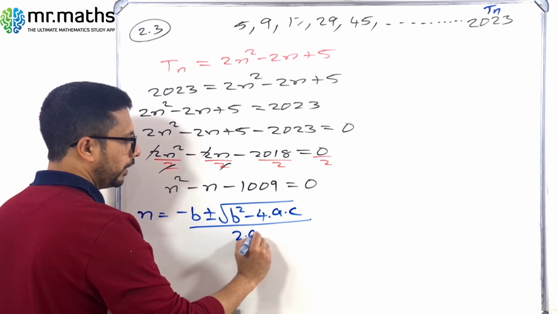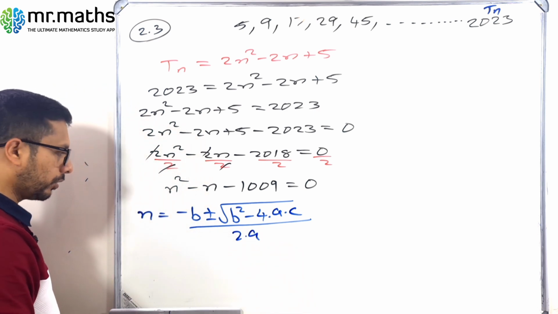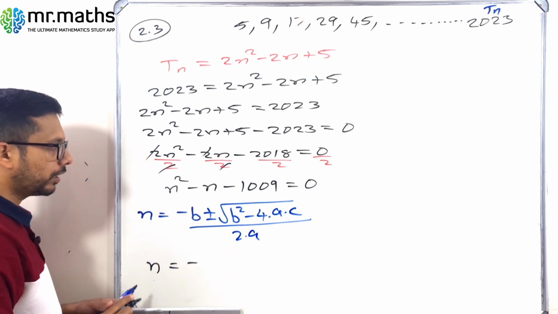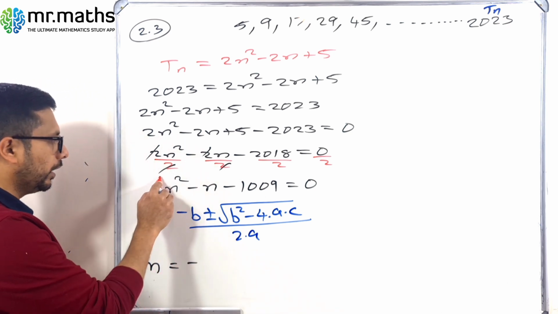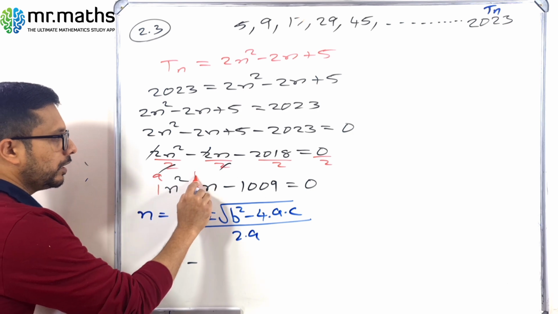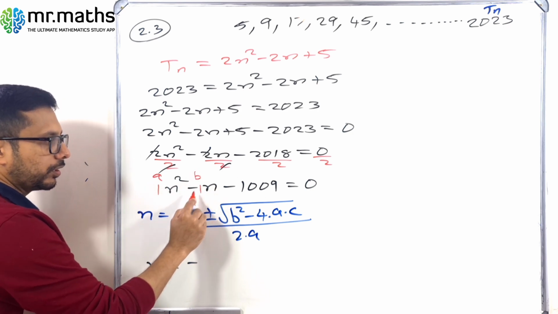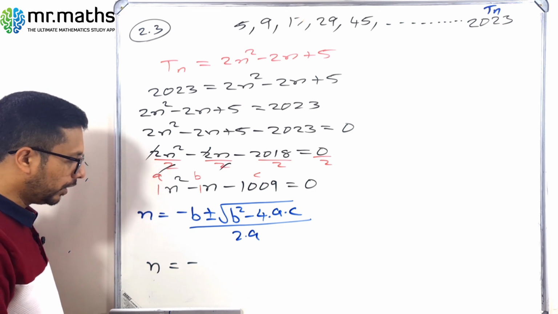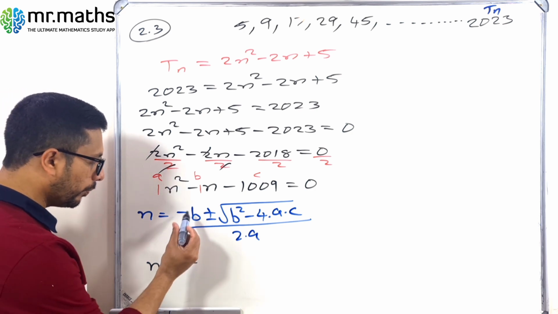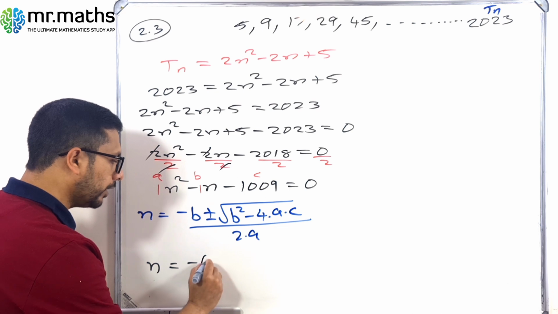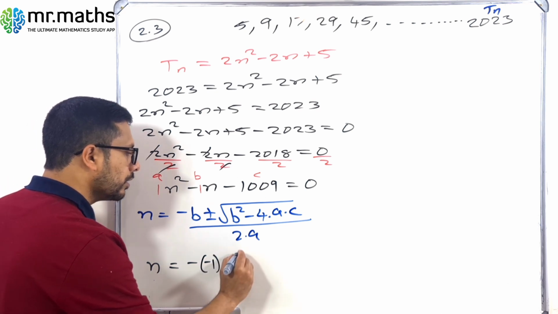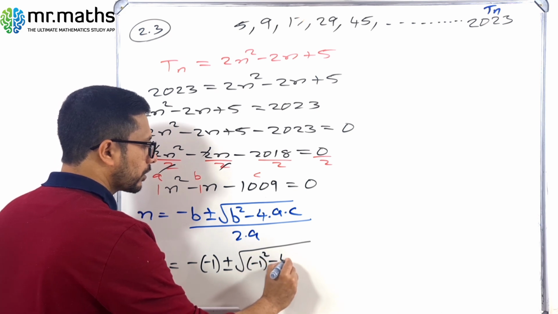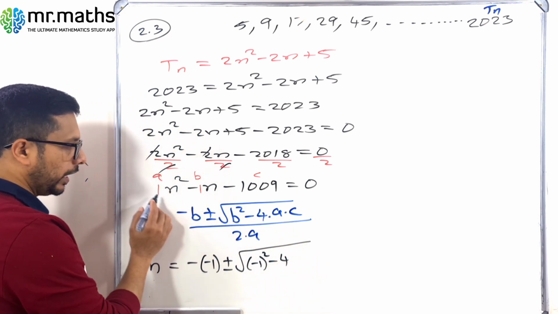So here what are the values of a, b and c? a is 1, b is minus 1, and c is minus 1009. Here we can substitute the values. n is equal to minus b, what is b? Minus 1 plus or minus square root of b square, minus 1 square, minus 4 into a, what is a?